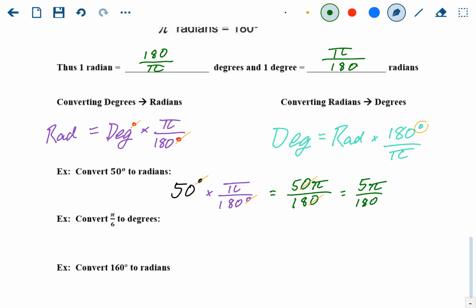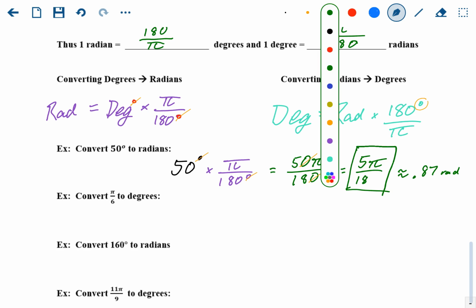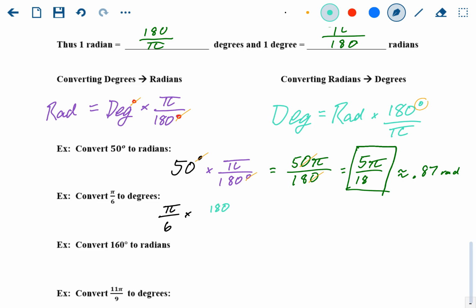So you're left with 5 pi over 18 radians. Now, most of the time, we'll leave it in that form. Now, we want to figure out what that measurement is. You do 5 times 3.14 divided by 180, and you get 0.87 radians. So think about, remember, 1 radian was about 57 degrees. This is less than 1 radian, which was 50.